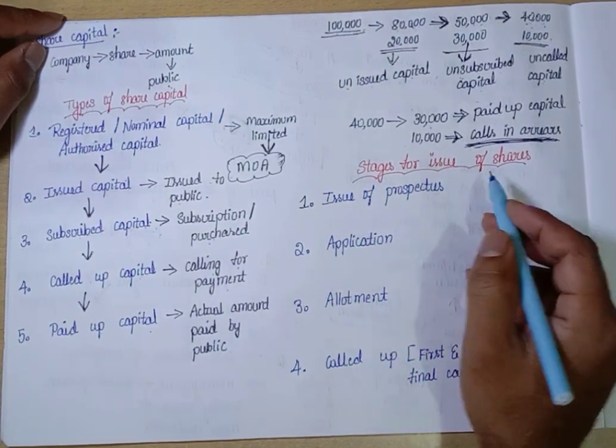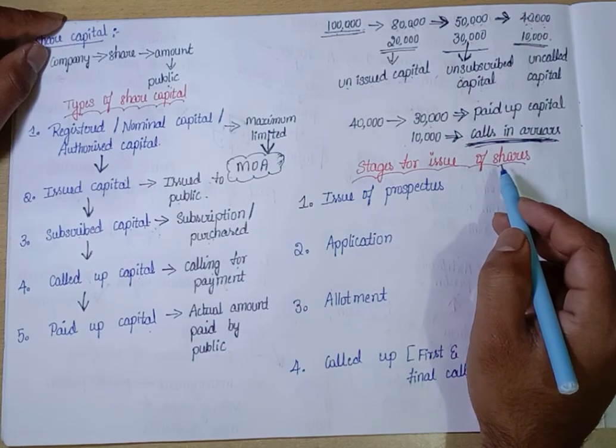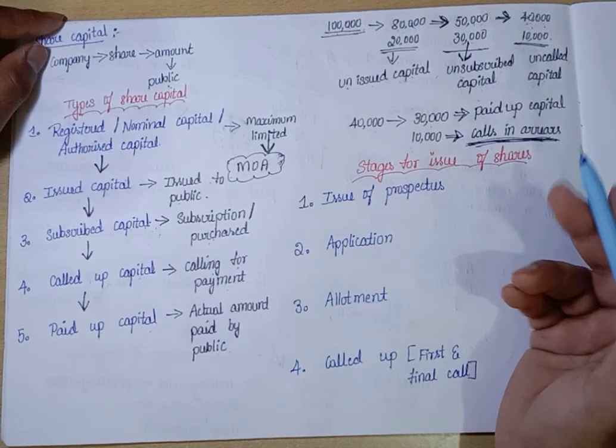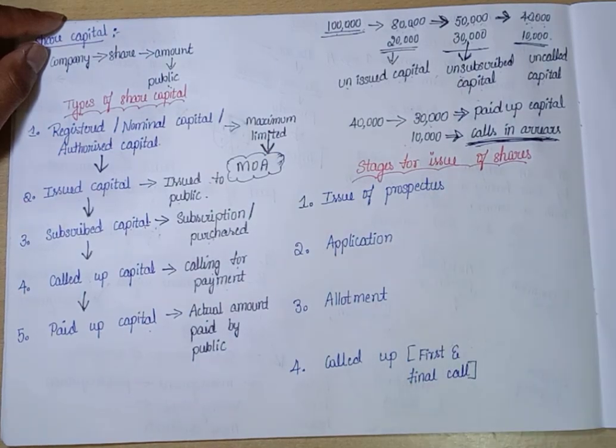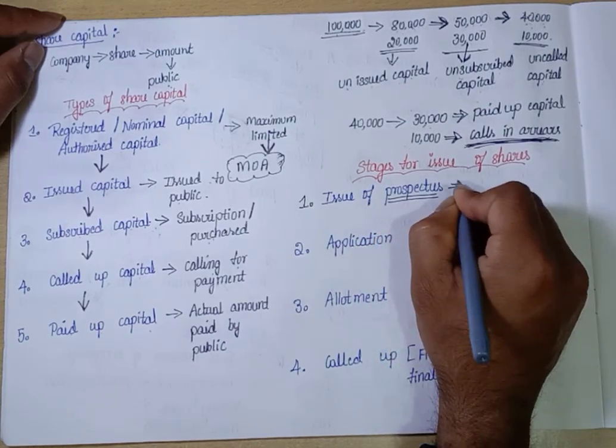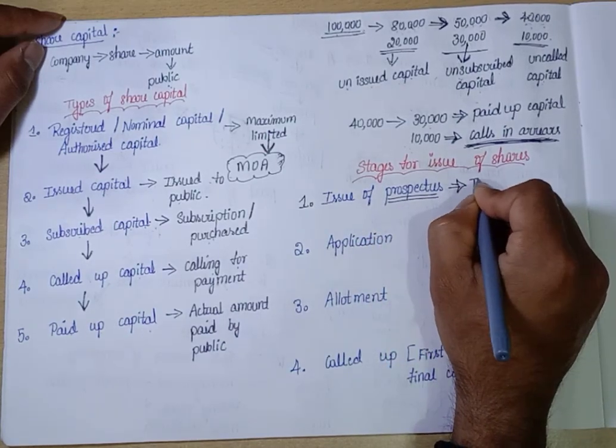So these are the various stages for issue of shares. If you want to issue shares and collect the money, we can't collect it immediately. We have different stages. First one, we have the issue of prospectus. Prospectus is nothing but an invitation, just like an invitation.